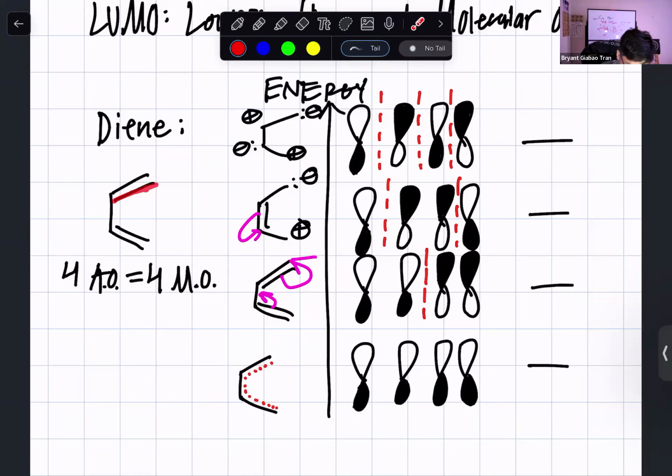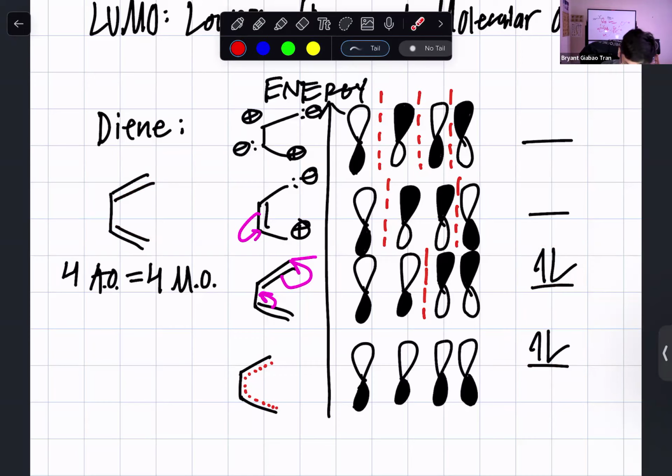And since this diene has 4 electrons in the conjugated system, we fill in each of these orbitals 2 at a time. So that's 2, and that's 4 to represent the 4 total electrons in this conjugated system that are moving around in the system, right?